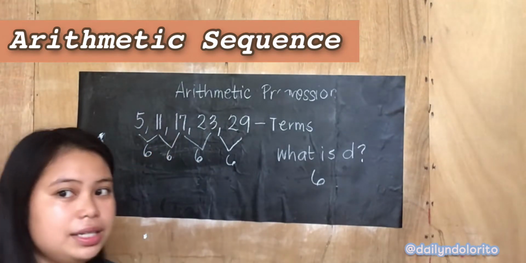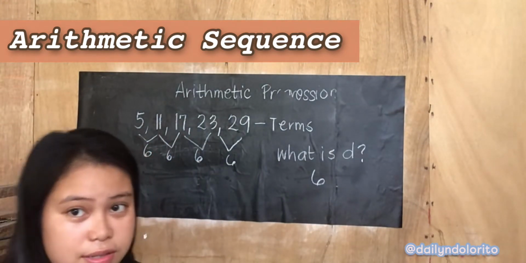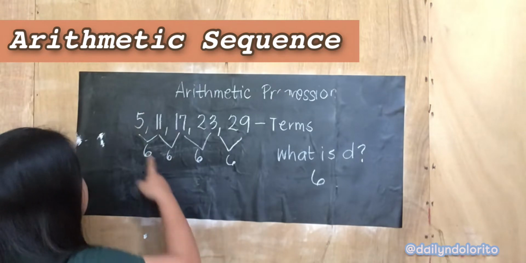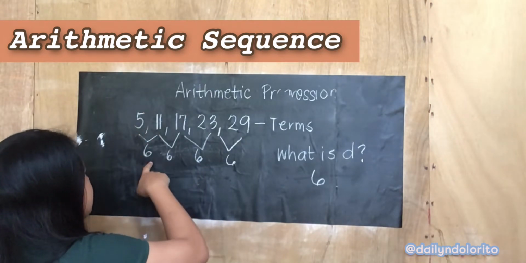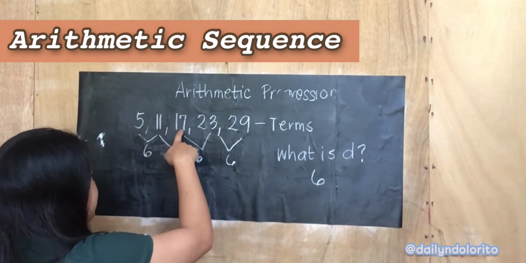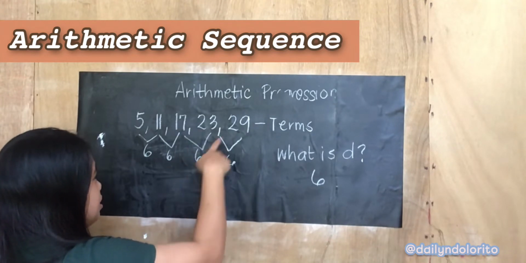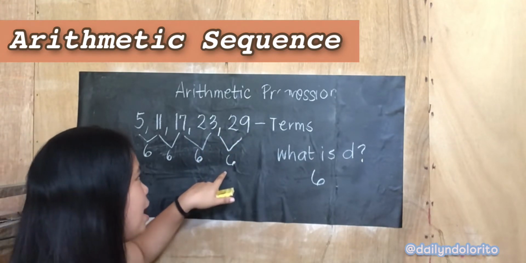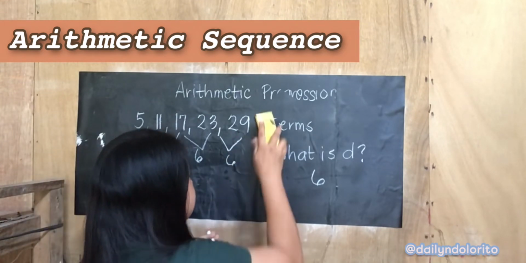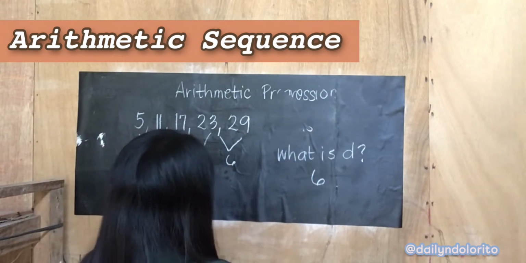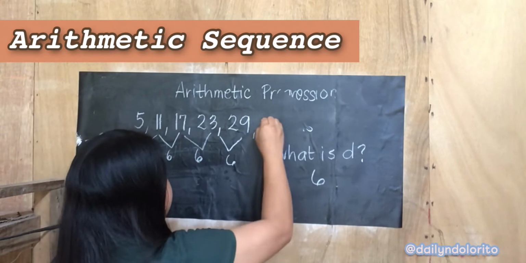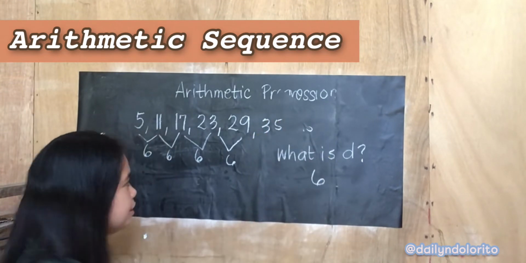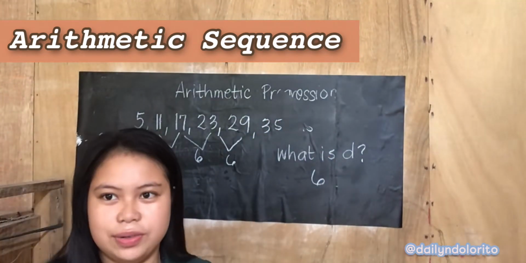If it's 17, then your common difference is correct. So 6 plus 11 is 17. 17 plus 6 is 23, plus 6 is 29. And if we add 6 again, what is the next term? We have 35, right? So that's just how you do it.